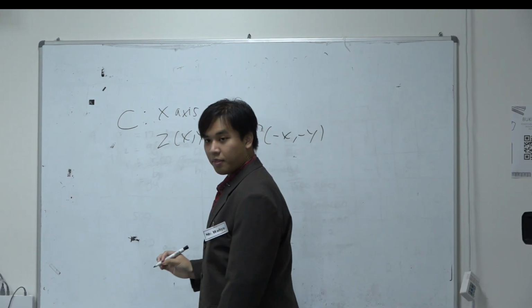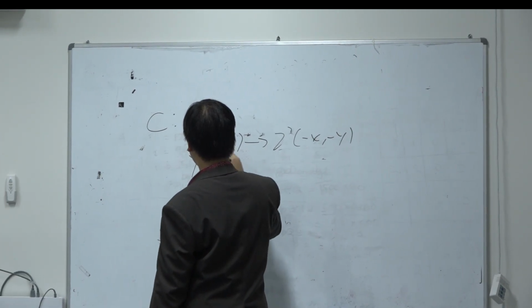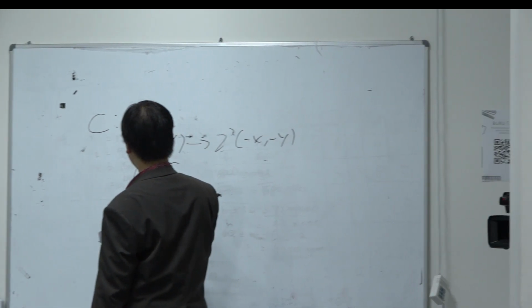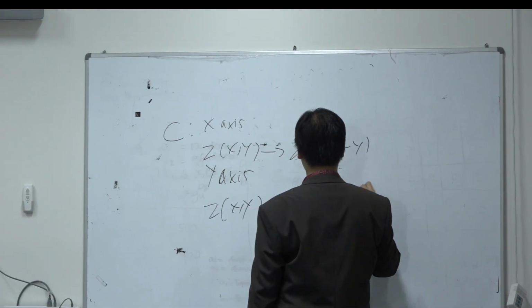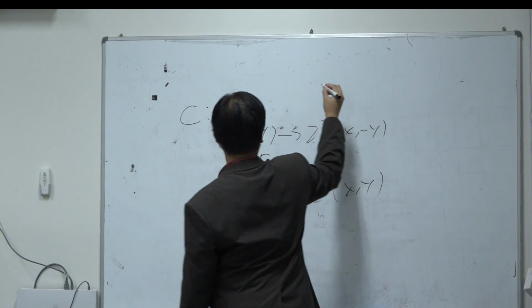Is that correct? Yes. Correct. And then for the y-axis, it is z, x comma y to z apostrophe, x comma y, right? No changes here.